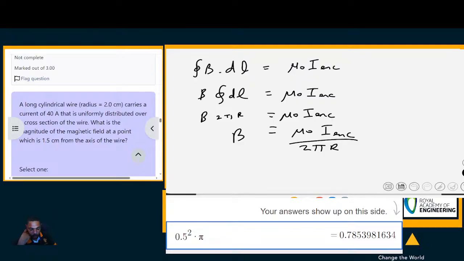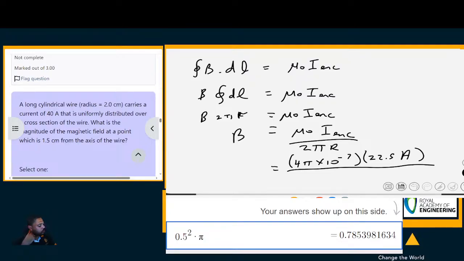2 pi r. Okay. Now if we plug in all the values we have, 4 pi times 10 to the negative 7 as mu naught, the current enclosed 22.5 amperes. Also, this should not be big R. This should be small r.